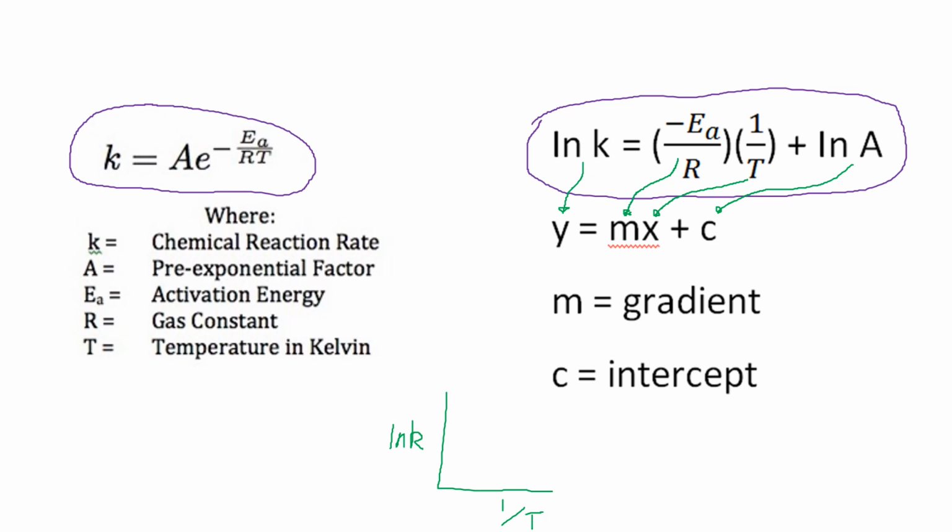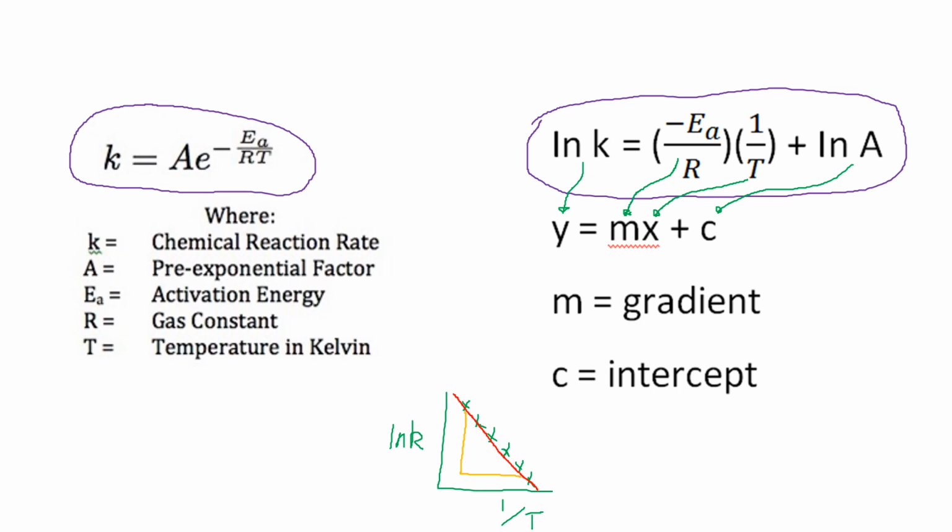Calculating the rate constant at each temperature, you can then plot a scatter graph of your data, which should look a little bit like this downward sloping straight line of best fit. You can then calculate the gradient of your line of best fit. And then we can use the gradient to calculate the activation energy.